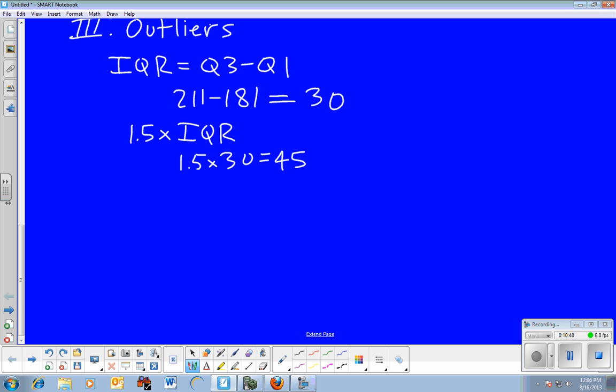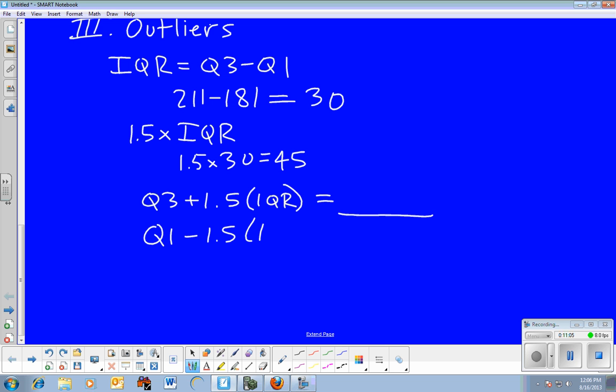Take that 45, add it to Q3 and subtract it from Q1. So we're going to go Q3 plus 1.5 times the IQR. And we're going to take Q1 minus 1.5 times the IQR and see what we get. So let's see, that's 45.